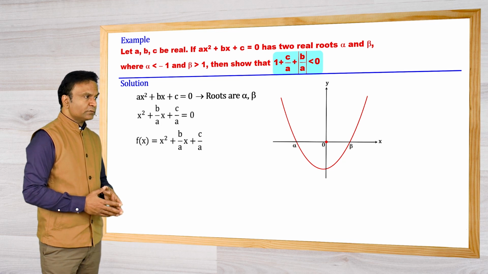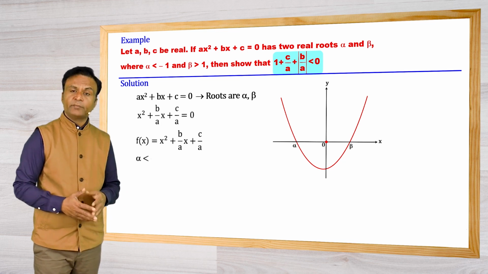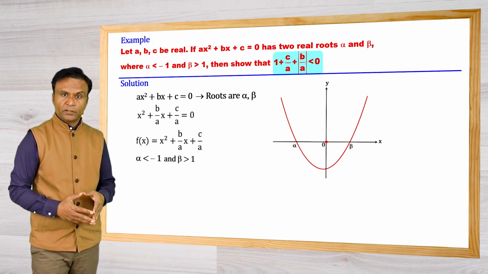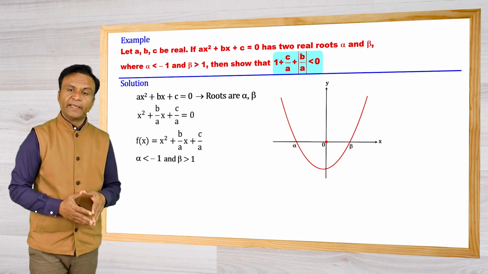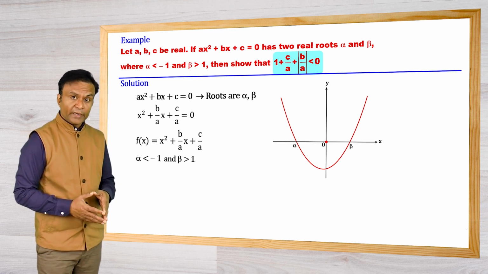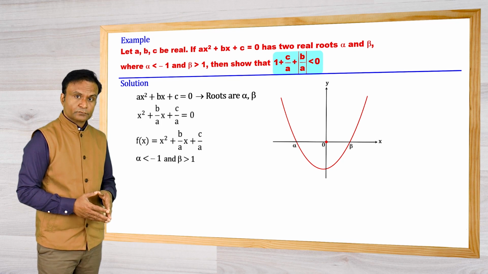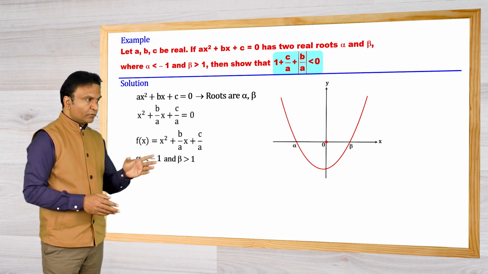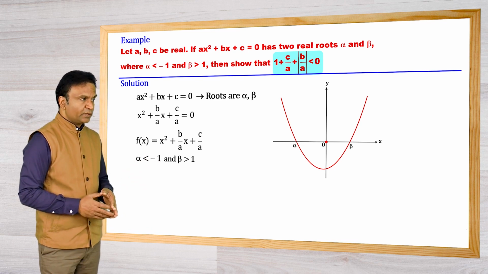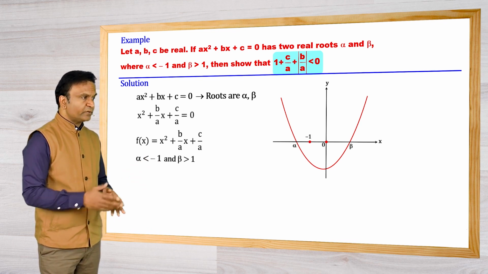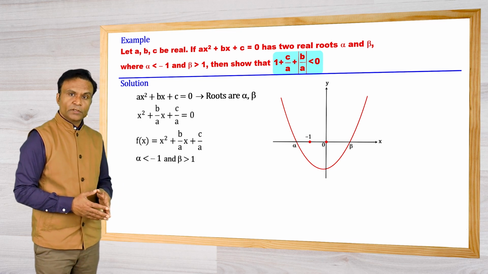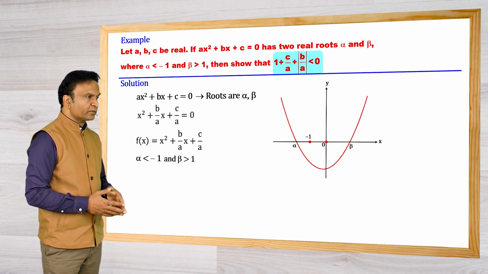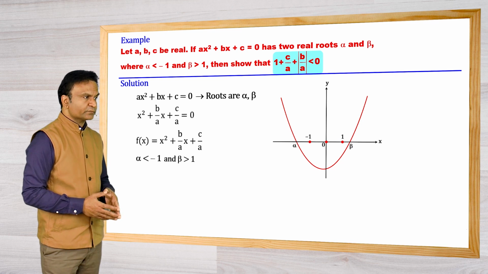Now alpha is less than minus 1 and beta is greater than 1. So where do you locate minus 1 and 1 on the x-axis? Obviously minus 1 must be somewhere between alpha and 0, and 1 between 0 and beta.